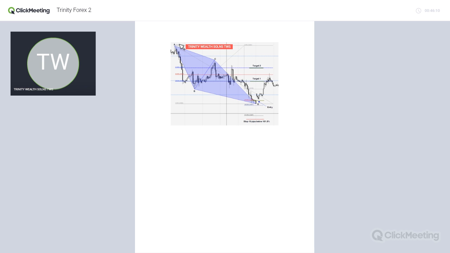Then we draw another Fibonacci A to D to help us set our targets. First target at 38.2% retracement, second target at 61.8% retracement. And then you let the market play out. If it obeys the rules, you pocket your pips. So we're going to look at an illustration in our charts to see how it works out.